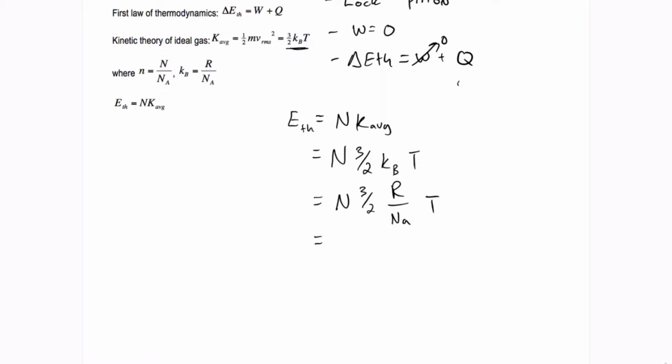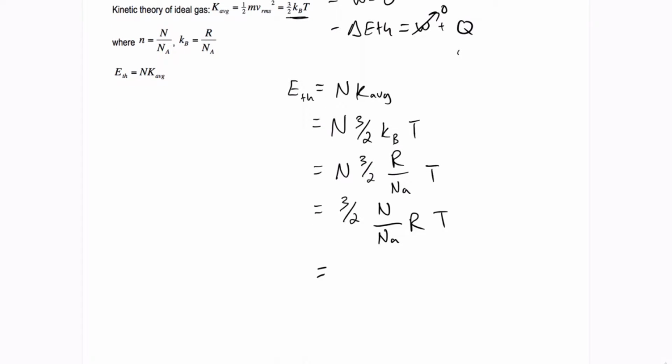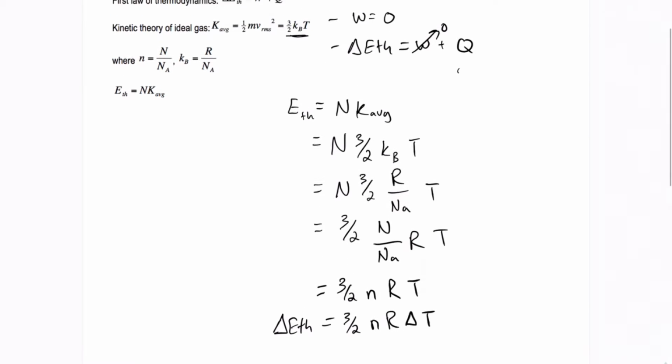Now we can simplify this a little bit. We have 3/2 the number of particles over Avogadro's number times the gas constant times temperature. So we can simplify this to 3/2 times the number of moles times the gas constant times temperature. It would follow that the change in thermal energy will equal 3/2 times the number of moles times the gas constant times the change in temperature.